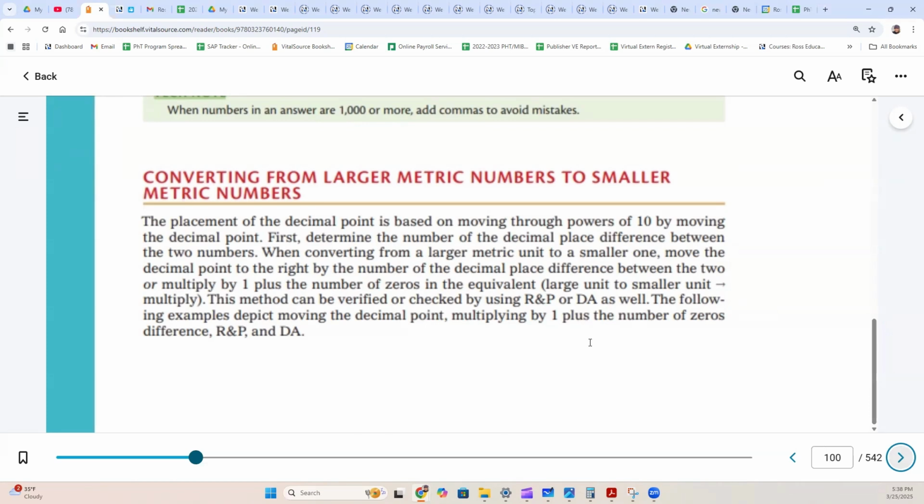This method can be verified or checked by using a ratio and proportion, or DA as well. The following examples depict moving the decimal point, multiplying by 1 plus the number of zeros difference, ratio and proportion, and DA.